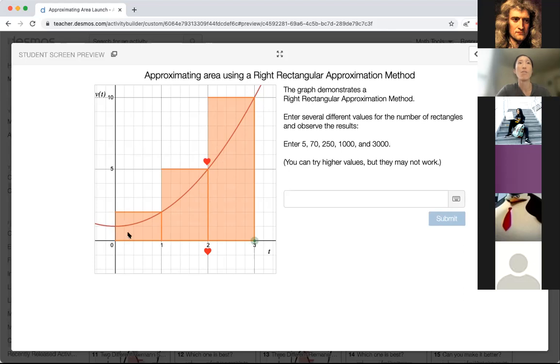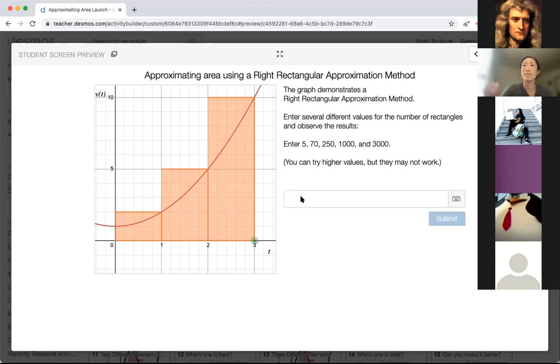But we've got all the heights of these rectangles are now dictated by the x value on the right-hand side, okay? So as long as you know your left and your right, fingers crossed, we should be good, okay? Now, do we think that if we make more rectangles, that it will then be a more accurate approximation?